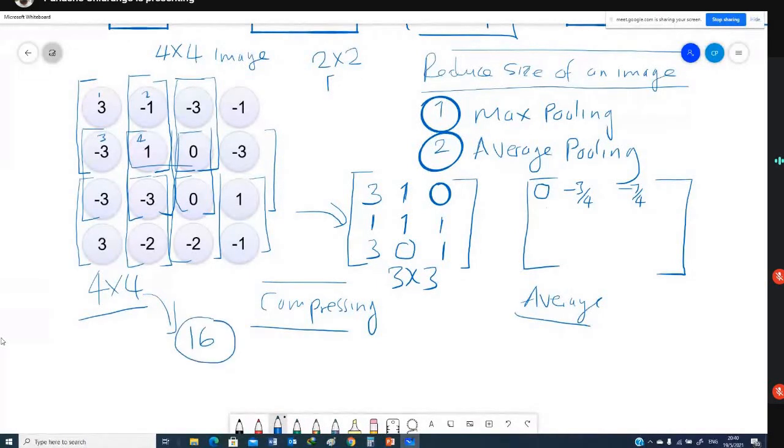Yes, we've got 16. This is simple. But after we apply pooling, how many do we have in this instance? 9. So the processing we're trying to do here is on 16 inputs, and here it is on 9 inputs. So what we've done is reduce the size of our parameters. What that simply means is our training will be less after applying pooling, right? You get it?